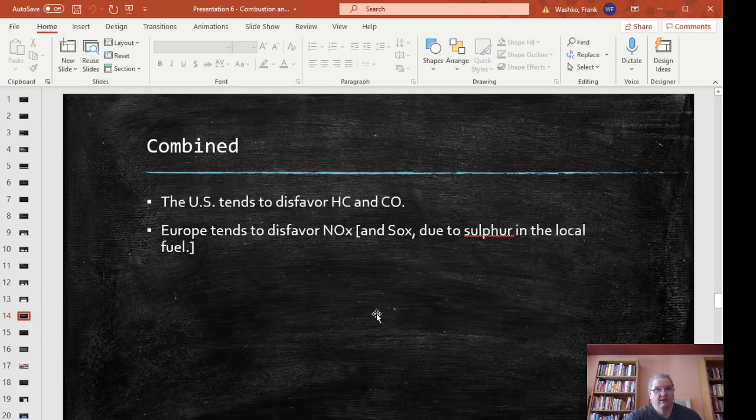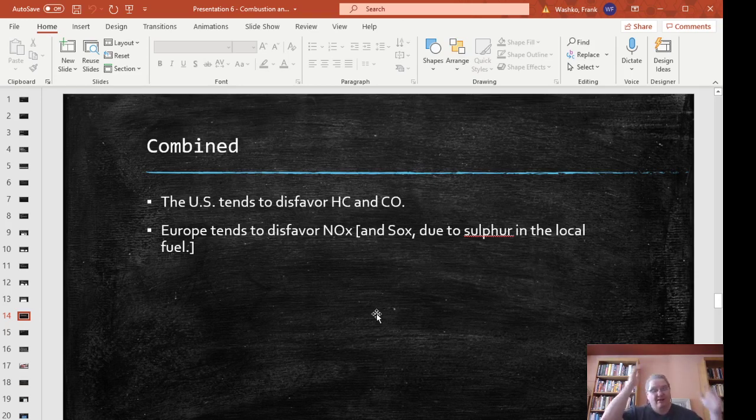So in terms of what to do about it, historically, the U.S. has been more preoccupied with the hydrocarbon and carbon monoxide side of things. That was the thing that they wanted to focus on, reducing unburned hydrocarbons and carbon monoxide.